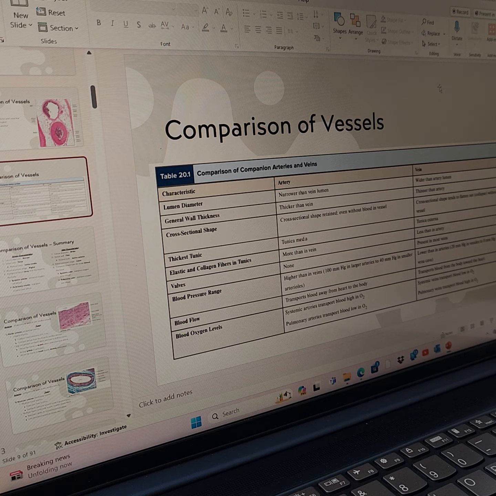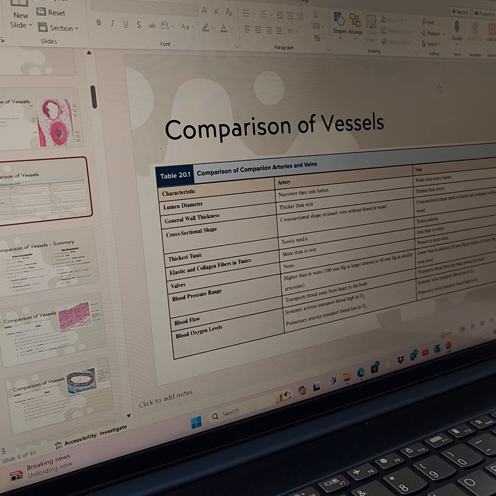The thickest tunic of the artery is the tunica media. In a vein, it's the tunica externa. Elastic and collagen fiber differences in tunics: arteries have much more than a vein. Veins have less than an artery.